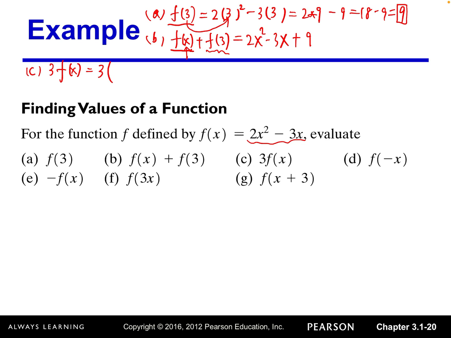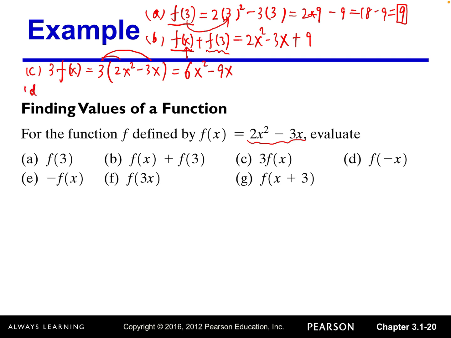So that's 3 times f of x, and by the definition, that's 2x squared minus 3x. It's like we multiply f of x by the coefficient 3. So we eliminate the parentheses, 3 multiplied inside. That gives us 6x squared minus 9x. It's a binomial.